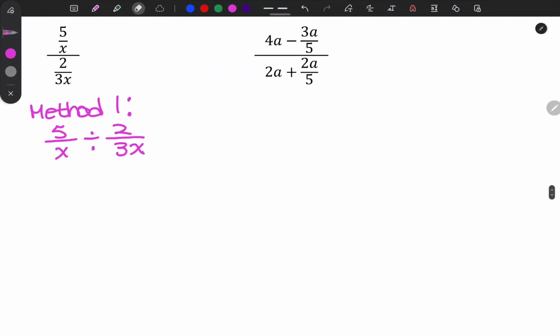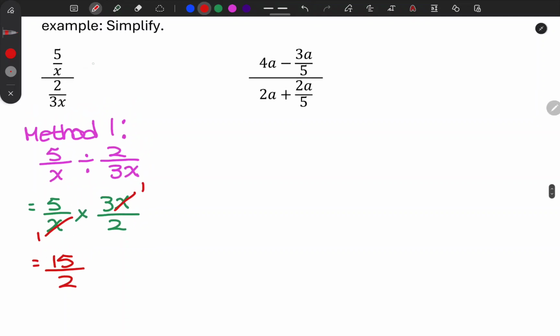So method 1, division problem, rewrite as multiplication, 5 over x times 3x over 2. Look for anything that can be divided out of a numerator and a denominator, like those lovely x's, leaving us with 15 over 2. For something that started off looking the way that thing looks, that turns out pretty nicely. And that's pretty good for method 1.